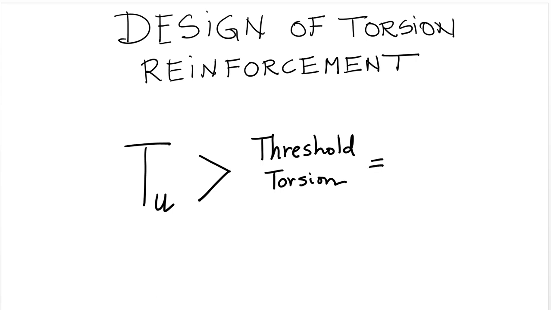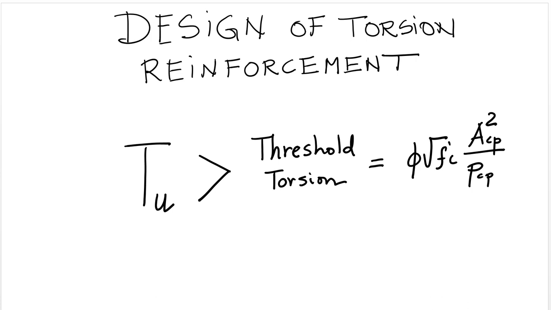This threshold torsion for non-prestressed members is equal to phi square root of f prime c times Acp squared divided by Pcp. As you may remember, Acp is the area enclosed by the perimeter of the cross-section. Pcp is the perimeter of the cross-section.